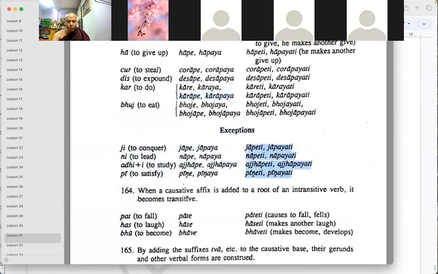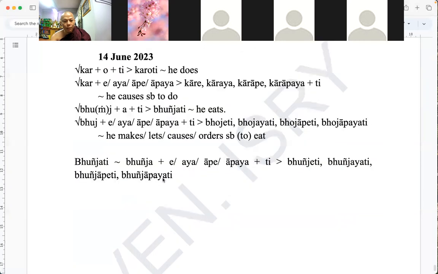But here there is an exception. Even though in the book Pali Easy it is provided in this way, take root ji. So that root ji is only root ji, commonly jinati. The meaning of root ji is to conquer. So jinati in this way.